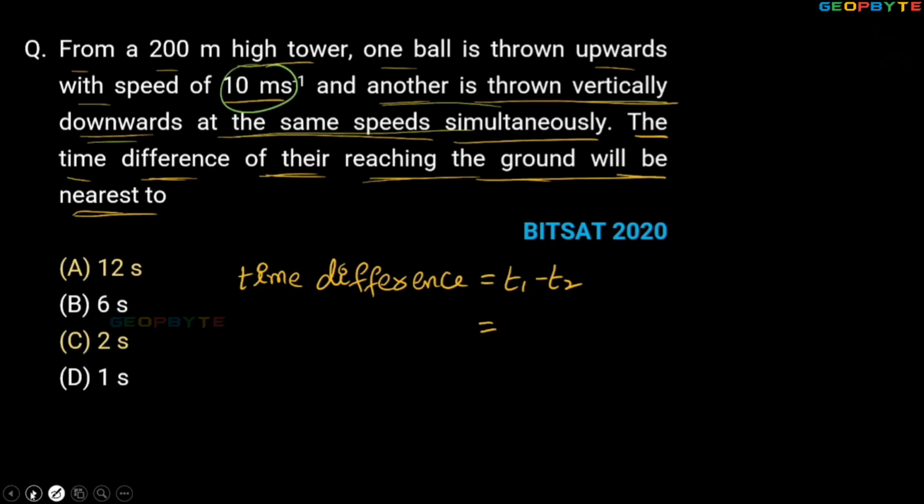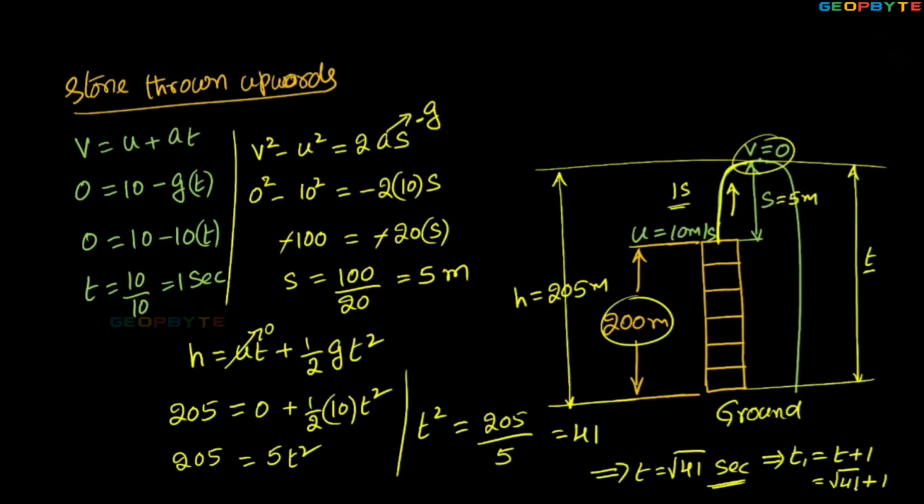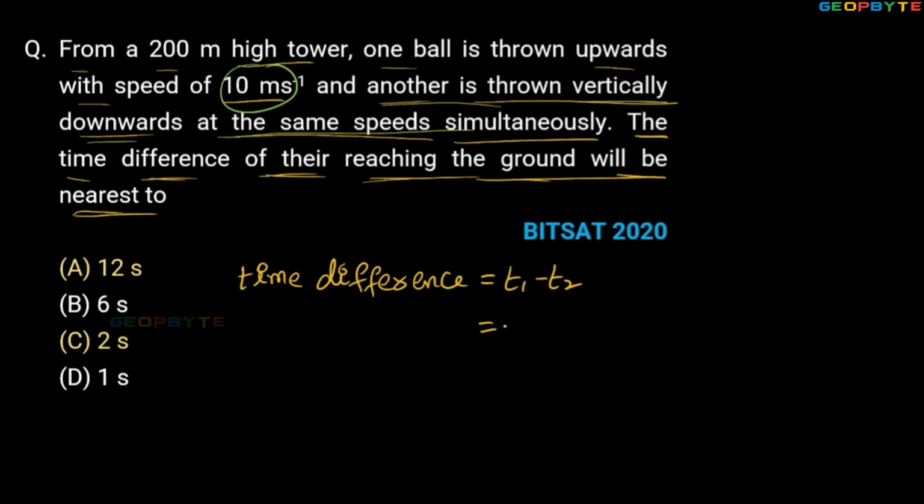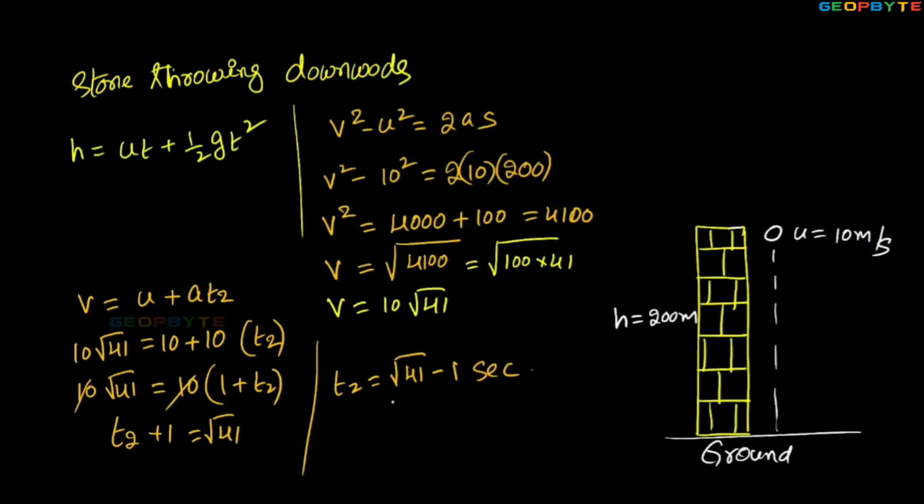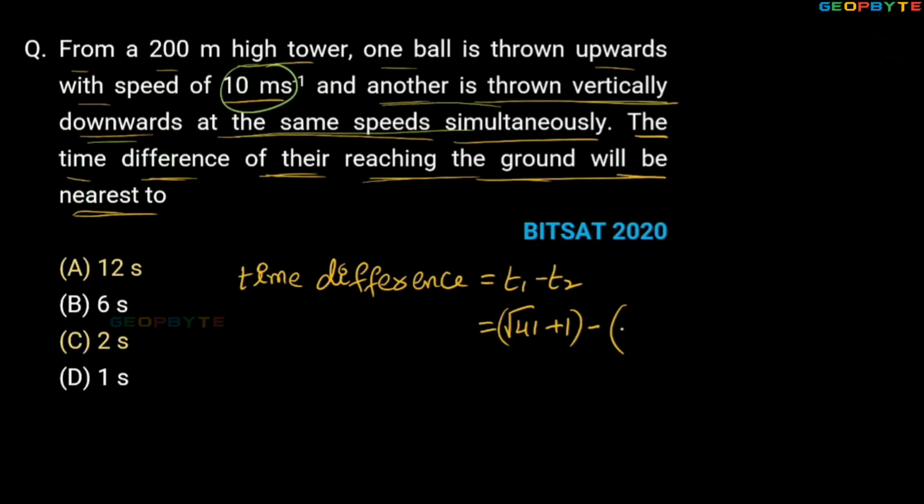What is that value? Root 41 plus 1 second. This is one quantity minus T2. Look at the T2. Root 41 minus 1 second.